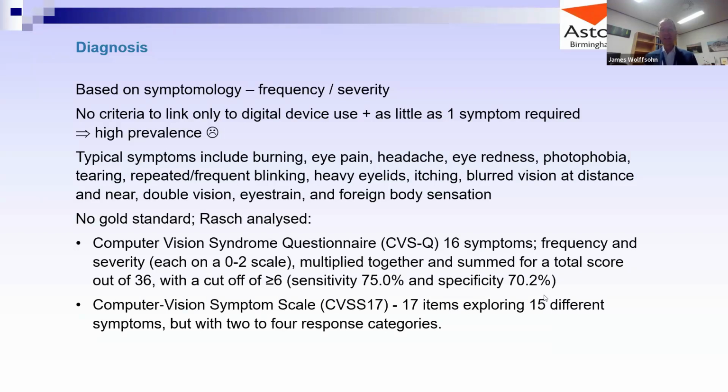So that means that they've been validated and scaled. But the big problem there is they haven't really done item reduction. So we really don't know what the most important symptoms are, which ones correlate together, which are the key ones that tell us about what should be rated. But it's the best that we've got at the moment.